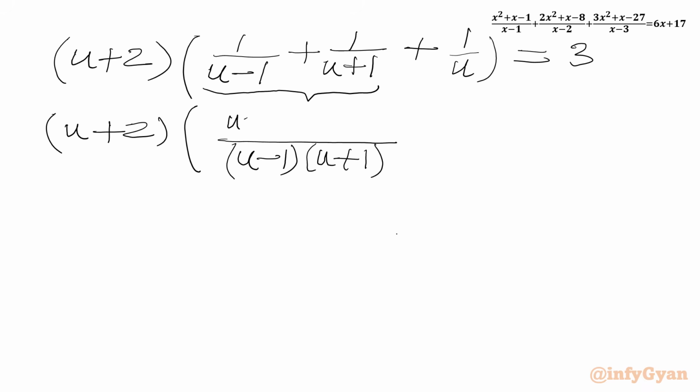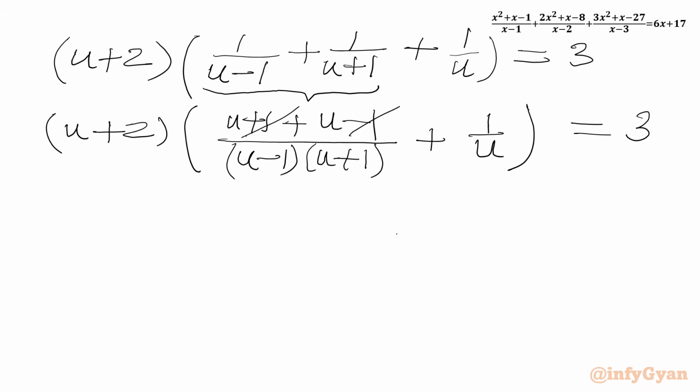In numerator we'll be writing u plus 1 plus u minus 1, plus 1 over u equal to 3. Now plus 1 and minus 1 will get over. u minus 1 times u plus 1 will give us u square minus 1 square.